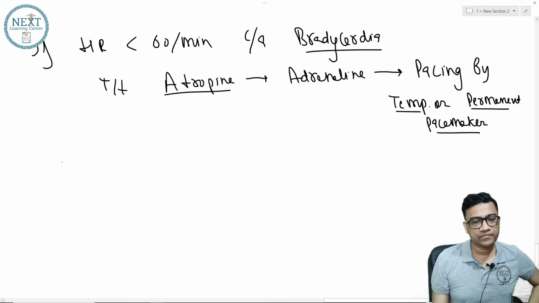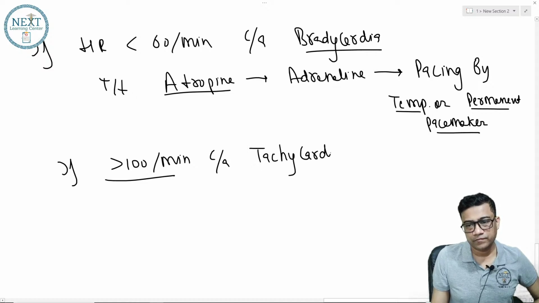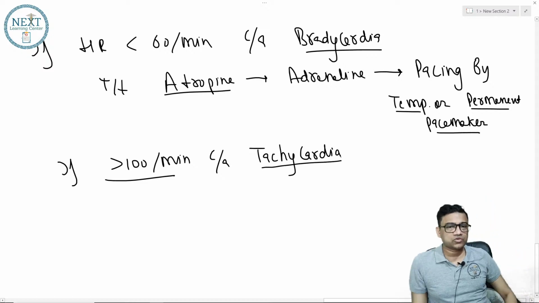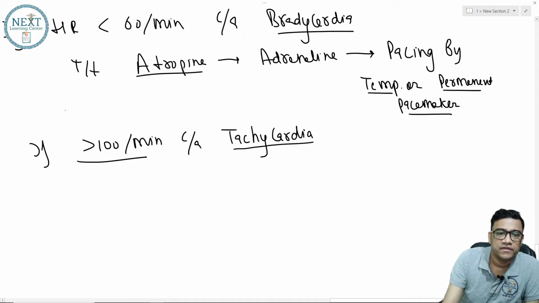Next question. If more than 100 per minute, it is called tachycardia. If more than 100, it is tachycardia.